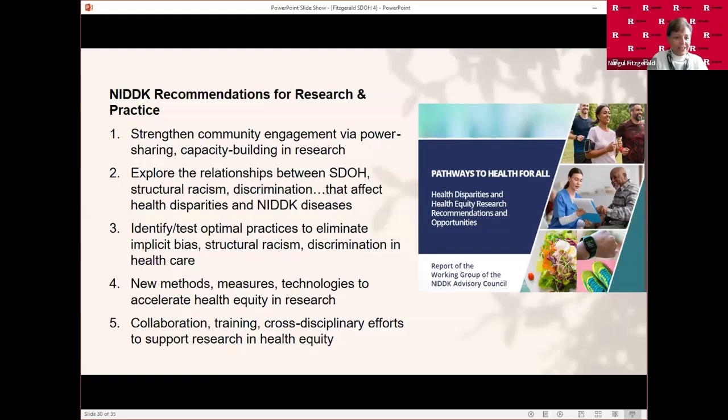It's one of those, it's in their name. And as researchers, I think we have a role to work on better ways, methods, measures, and technologies, not only to understand these associations, but to implement the best practices and share that information with all the communities affected by these.